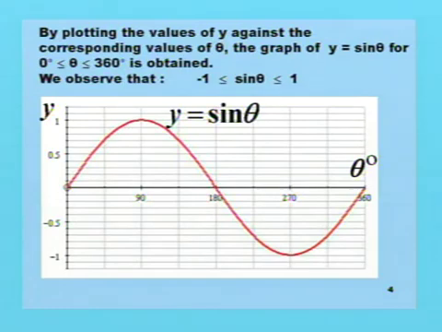And notice an important result from the sine function as you see there. The sine value will range from minus 1, which is below, to plus 1, which is at the top. In other words, there is a maximum and a minimum, the maximum being 1, the minimum being minus 1.